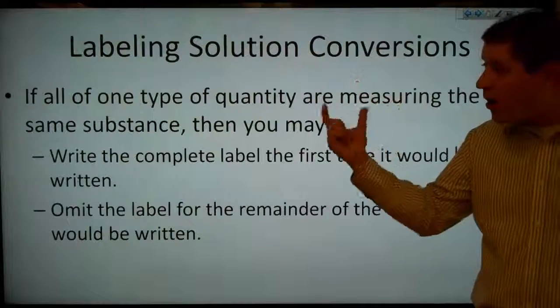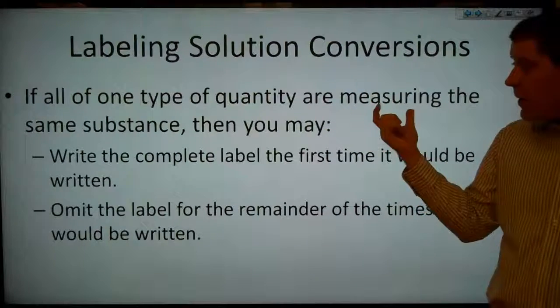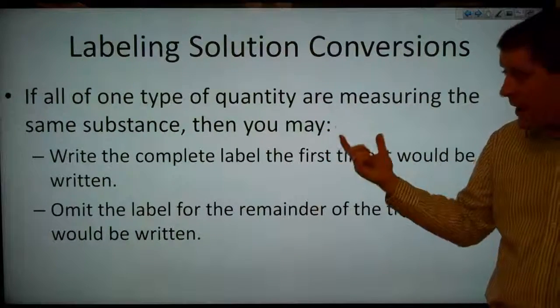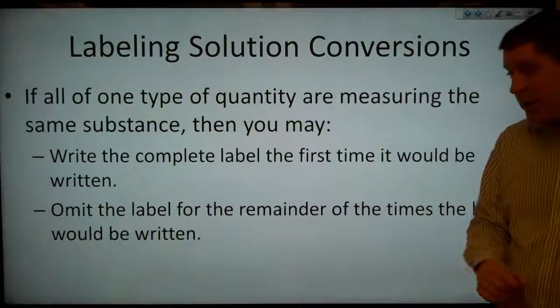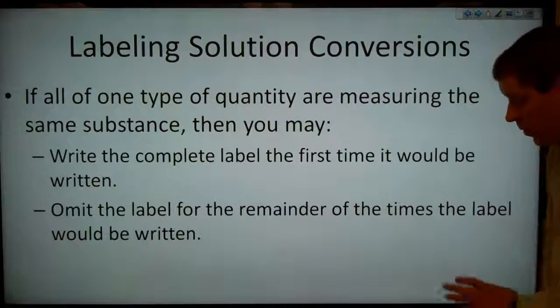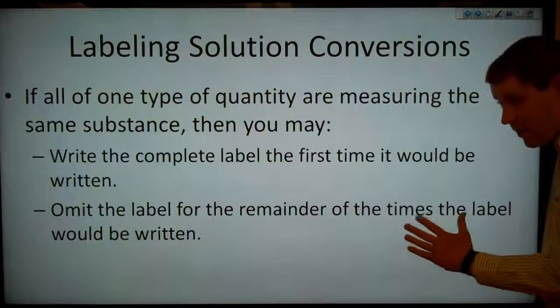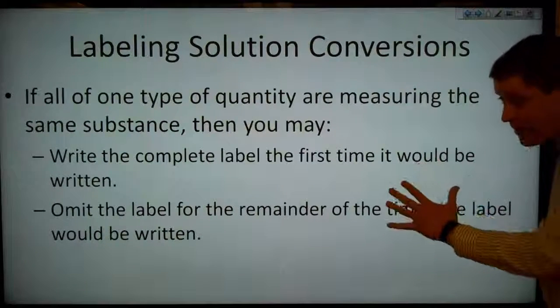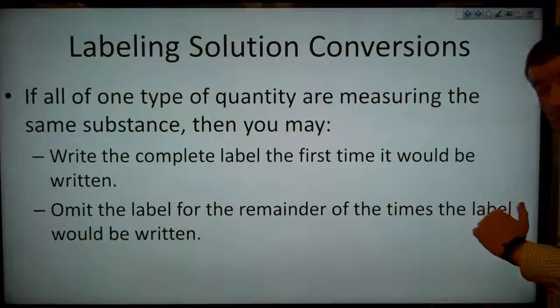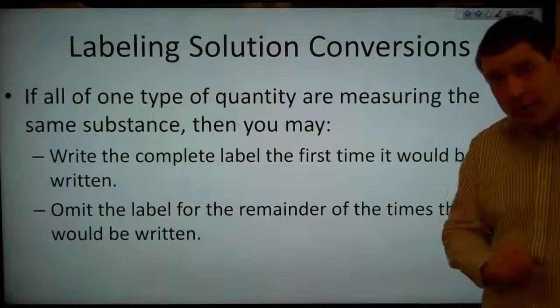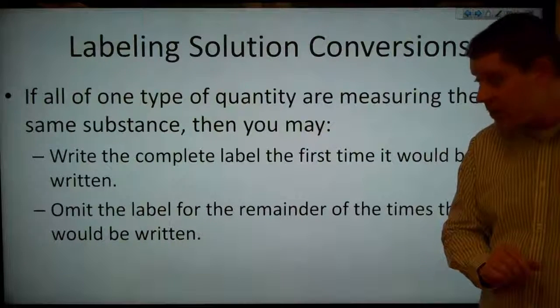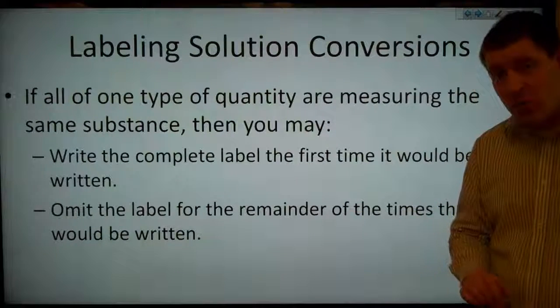So if all of one type of quantity are measuring the same substance, then you may write the complete label the first time it would be written, and then omit that label for the remainder of the times that label would be written. You don't have to do this, and personally I prefer to leave those complete labels on all the time to make sure that I'm not confusing myself, but you can omit them if you wish.